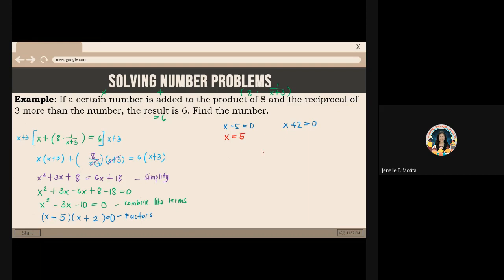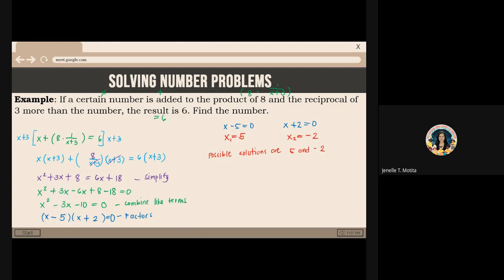So here's your first x. Next, x is equal to, ilipat mo si positive 2, it will become negative 2. So here's the value of your second x. And these are the possible solutions: 5 and negative 2.